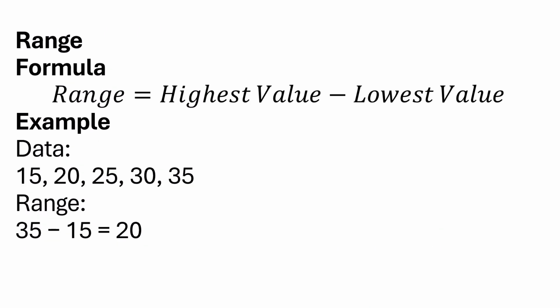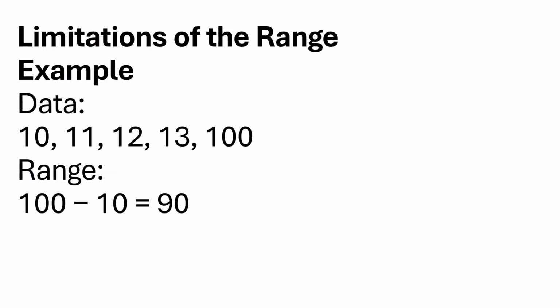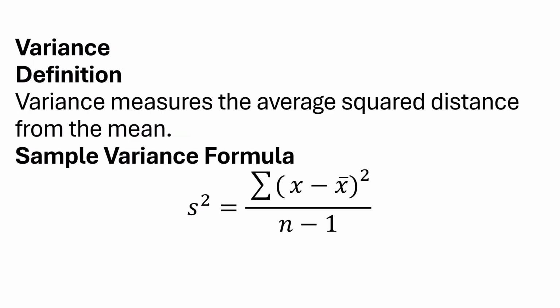The range is the simplest measure of variation. The range depends only on the smallest and largest values and ignores all other observations. Variance tells us how much the data vary around the mean.